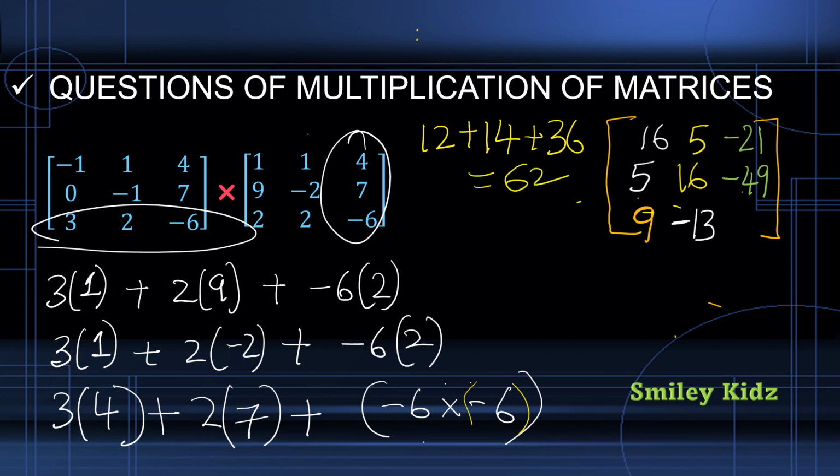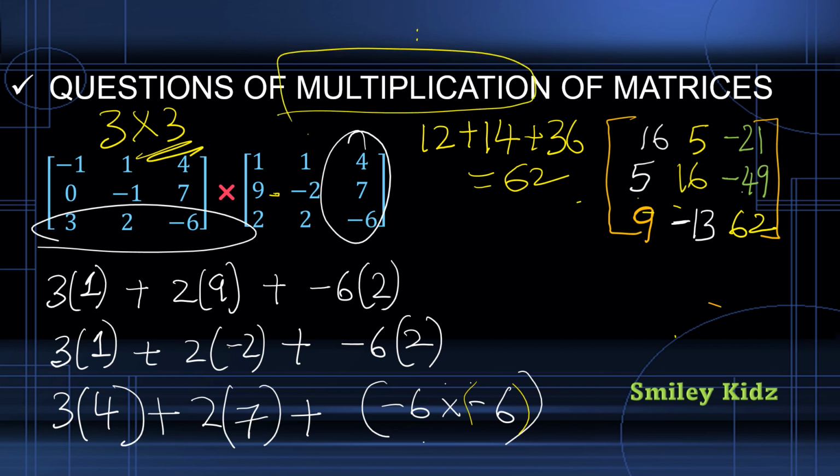So this is going to be 62 over here. In this manner, you're going to solve 3 by 3 matrices and perform the multiplication of them. So this is your final output of the multiplication of these two matrices. You have 16, 5, minus 21, 5, 16, minus 49, 9, minus 13 and 62.